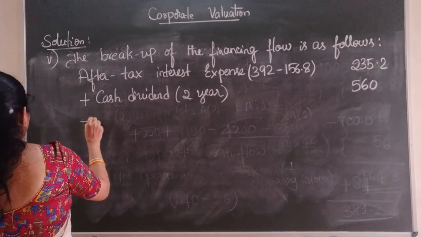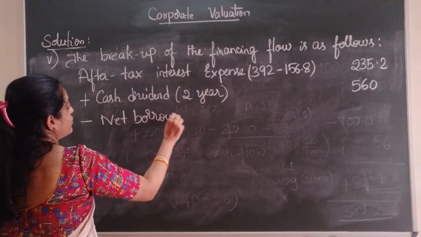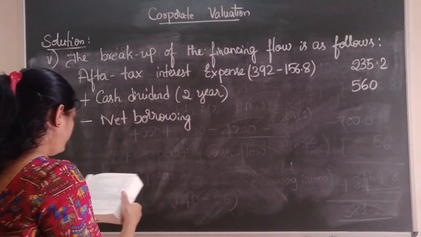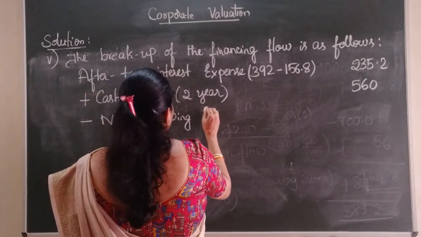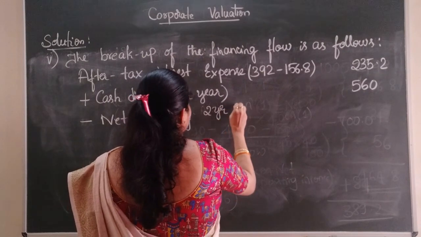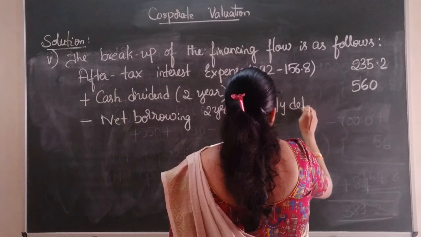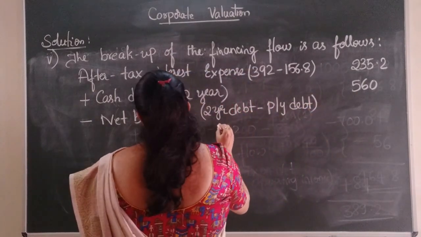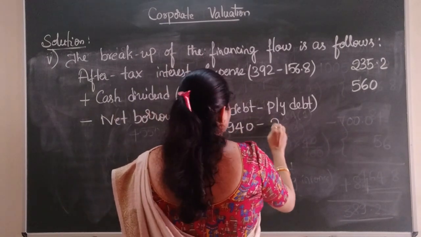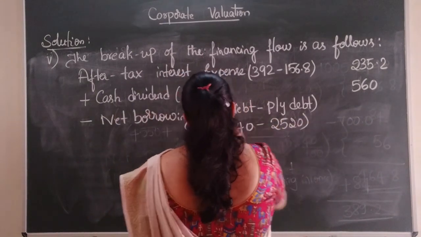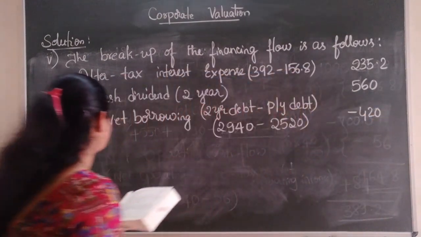Next, minus net borrowing. Net borrowing is nothing but debt of the second year minus previous year debt. So, second year debt is 2940 minus 2520, so the answer is minus 420. We need to deduct this amount.